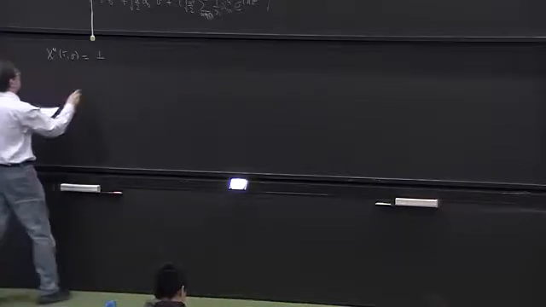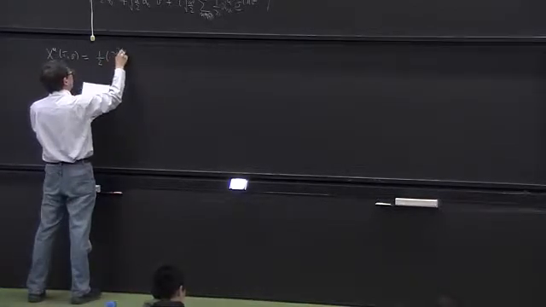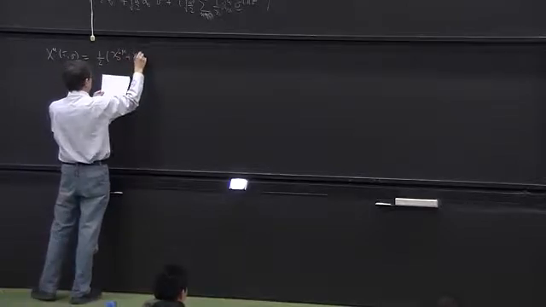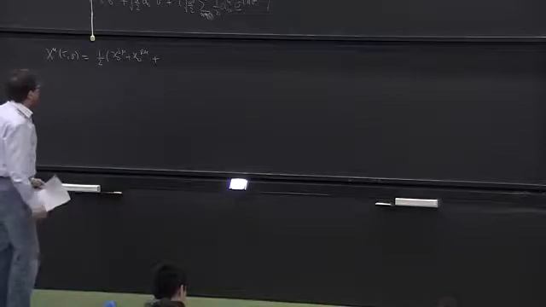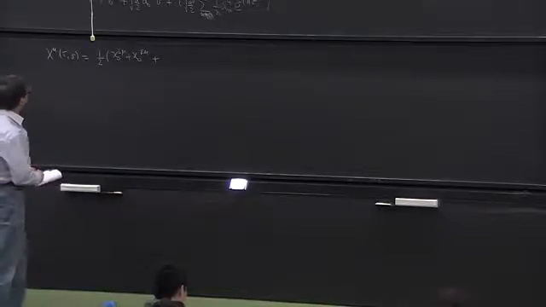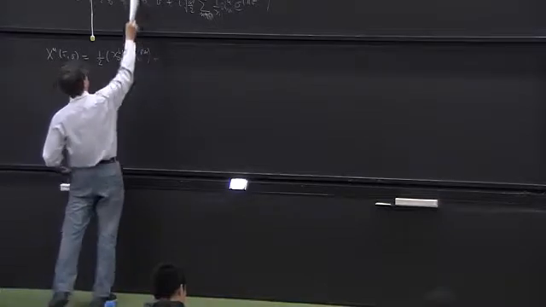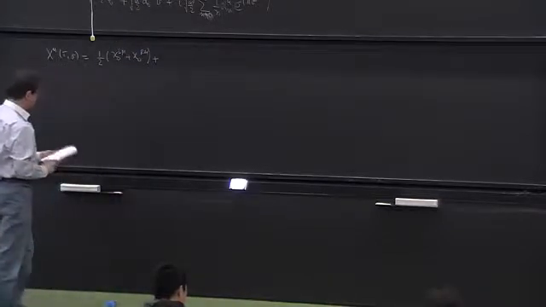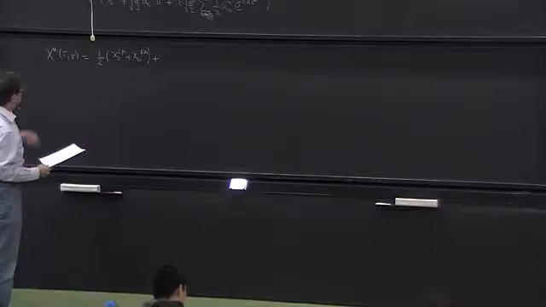So x mu of tau and sigma is 1/2 x0 left mu plus x0 right mu plus. Now I have to sum, close the parenthesis, I have to sum these two terms with alpha 0 equal to alpha 0 bar. So let's put alpha 0.